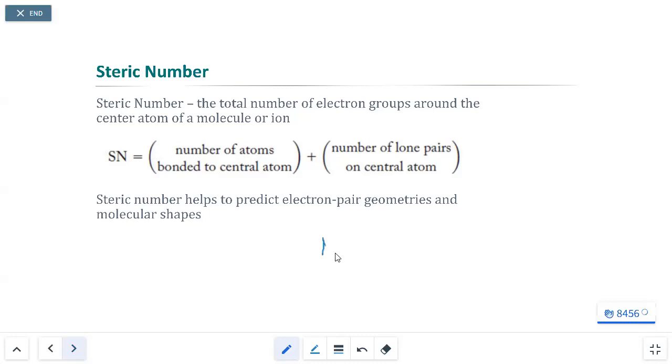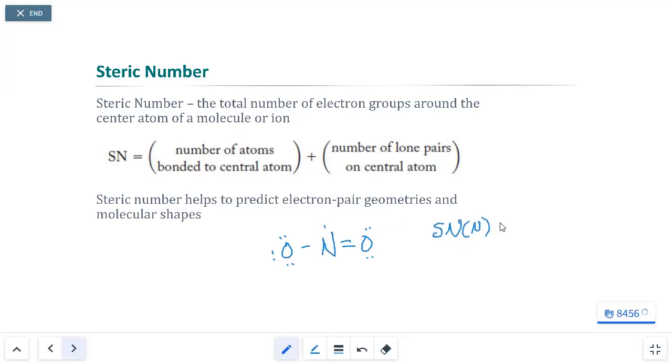So let's come back to this nitrogen dioxide example. For the nitrogen, our center atom, our steric number is going to be 3.